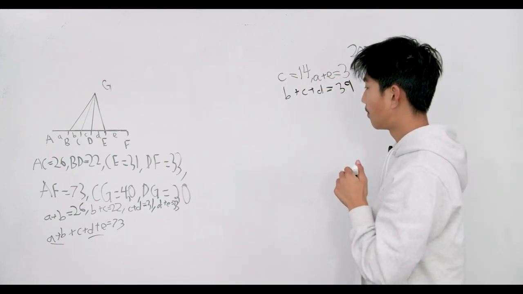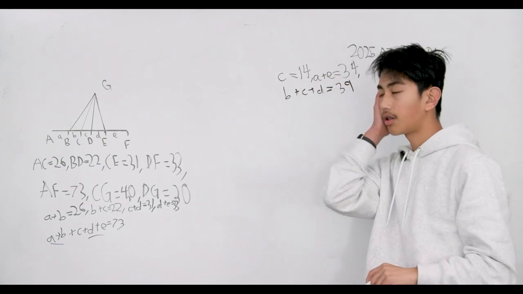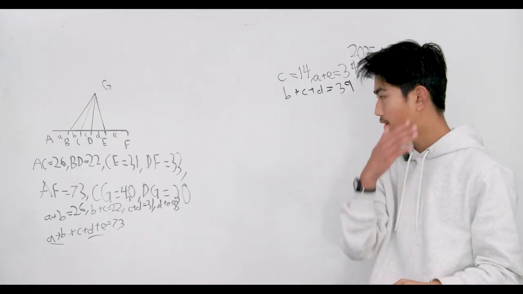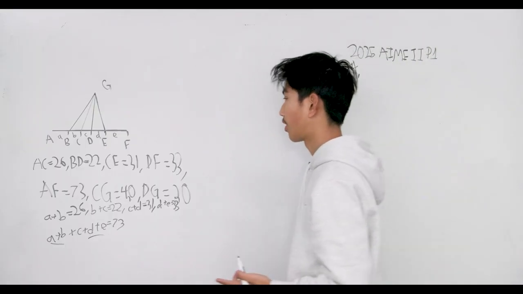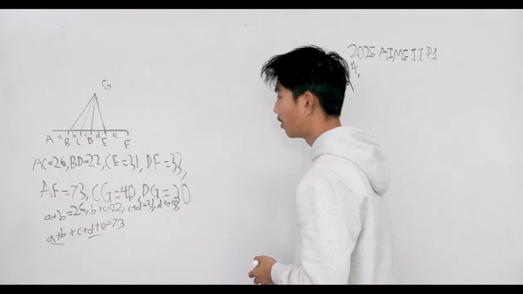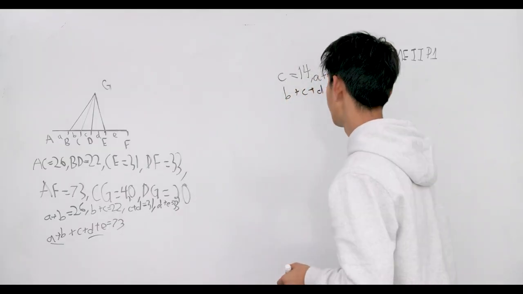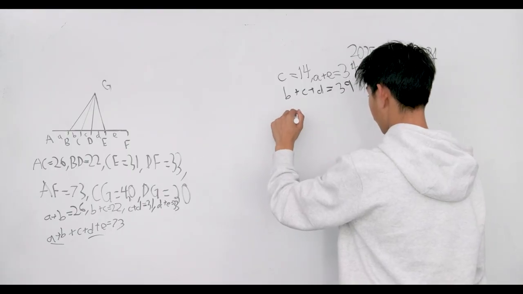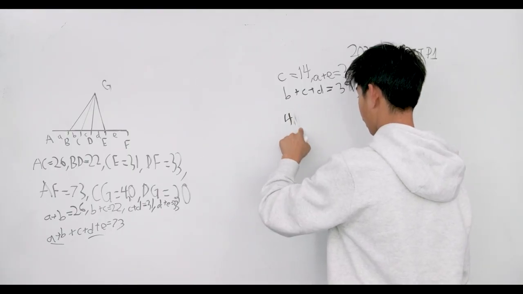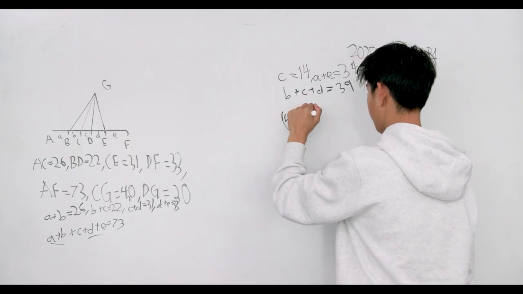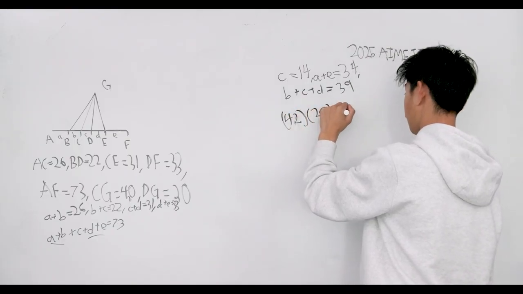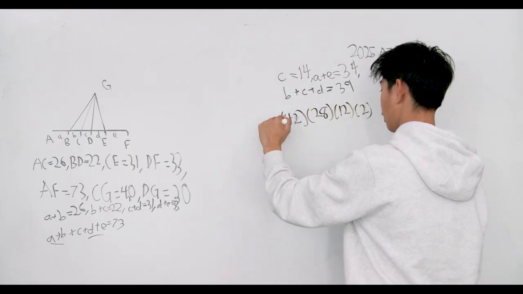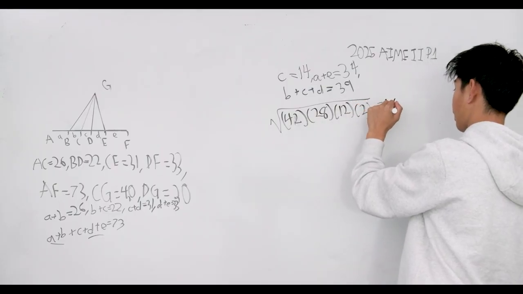Then, with these measurements, we can use Heron's formula to find the area of a similar triangle to the triangle we're trying to find, which is triangle CGD, which is the square root of 42 times 28 times 12 times 2, which is 168.